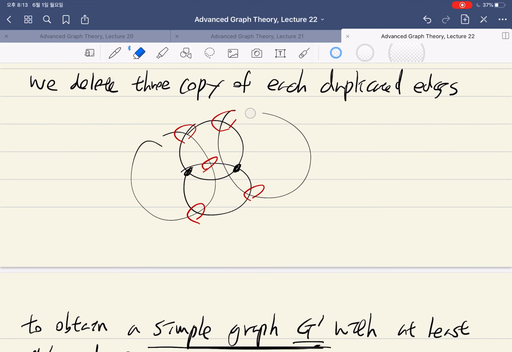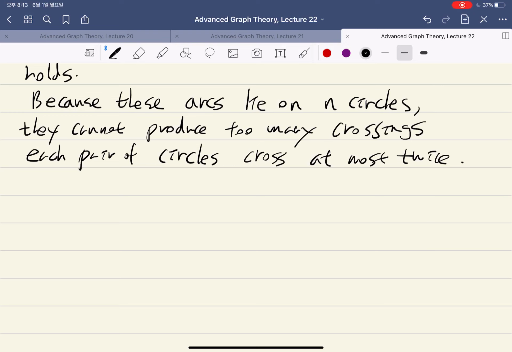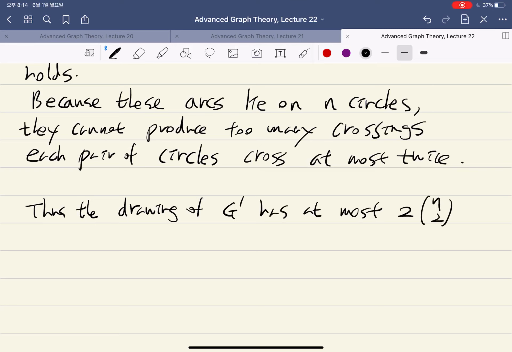Some of the edges are deleted, some are not. Thus, the drawing of G prime has at most 2 times n choose 2 crossings.